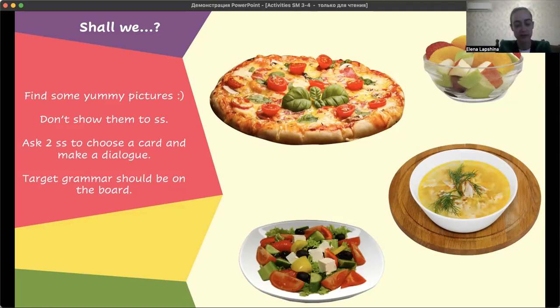So I remember this exercise, and my students liked it very much. At the beginning, I did the same as you, but then I asked one student to come to the board. I gave him a lot of food cards, and we decided to make a surprise salad.